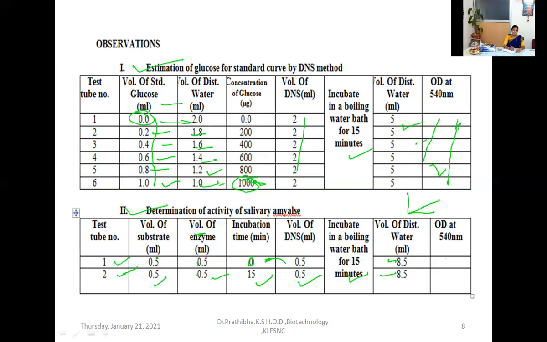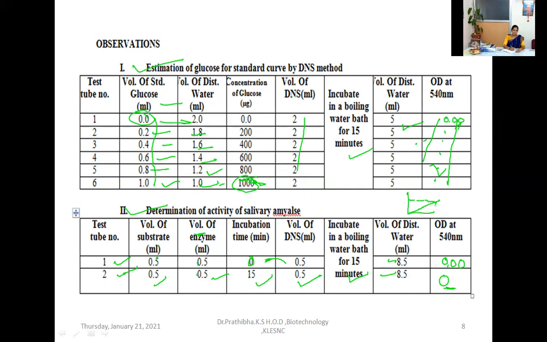So this will be 0.0, right? And the first one here also is 0.00. Whatever OD you get here, you need to plot on the graph. Whatever OD you get, you check where that OD falls on the glucose curve, and you plot it with dotted lines.